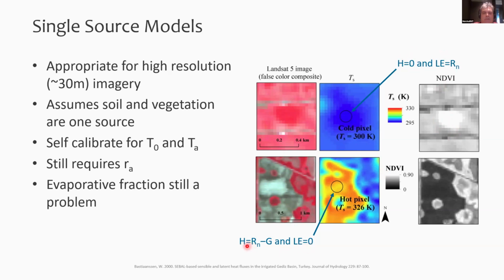And so basically your sensible heat is simply a function of net radiation. This time you have to include the soil heat flux component. And you can see it's our hot or dry pixel. It's very warm in the thermal infrared. And then of course, NDVI, it's almost black. And so, yeah, that's basically how the single source approach works.